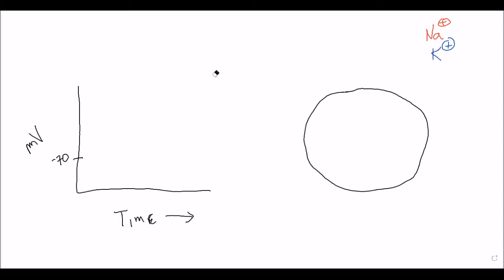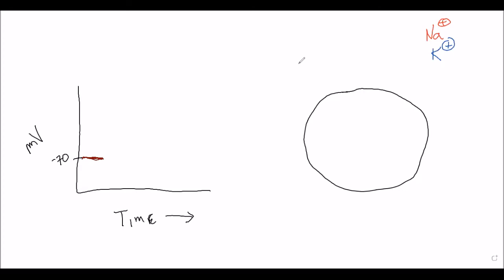Let's say the resting potential, I'll use brown. I guess that'll work out. So we have a resting potential, I'm using brown here. It's going to be -70. Now, nothing's happening to the cell. It's staying at -70. Nothing has stimulated it yet.